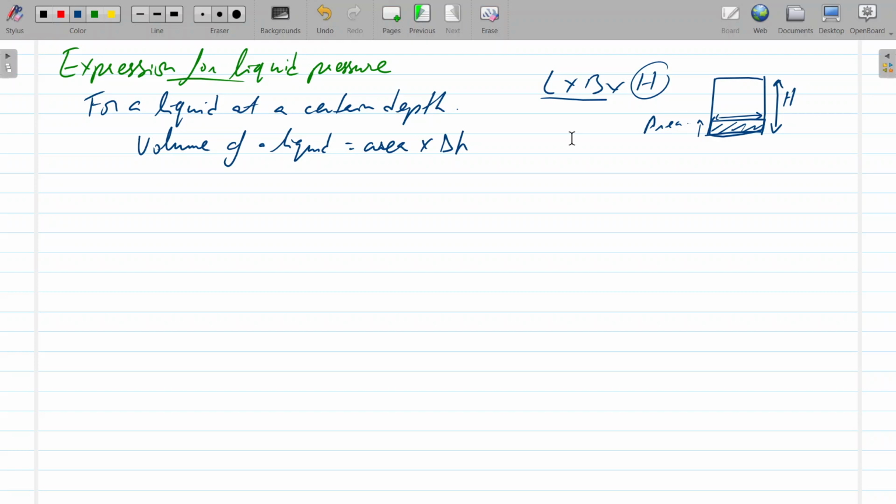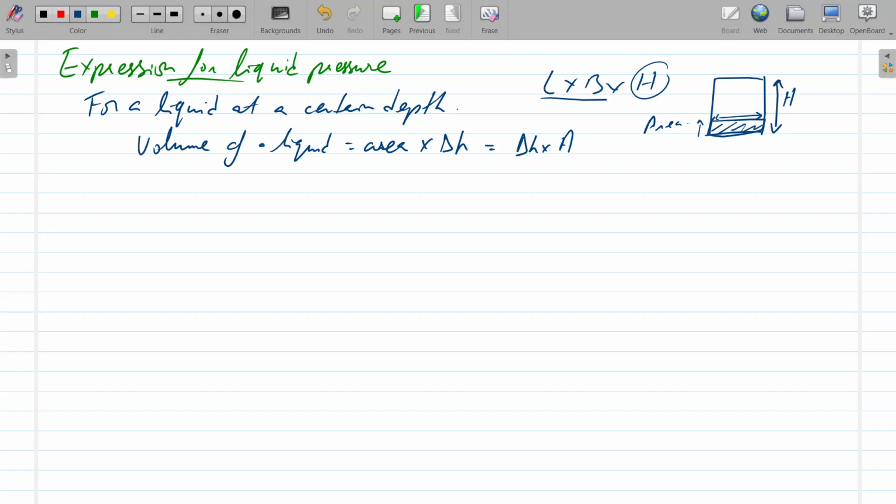That's why we're using delta H. So volume of a liquid is delta H times the area, or delta H multiplied by A. A is for area.